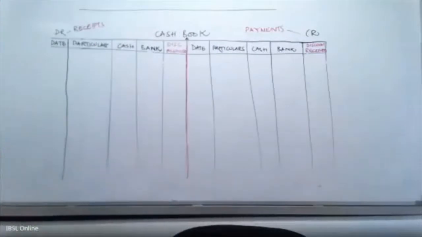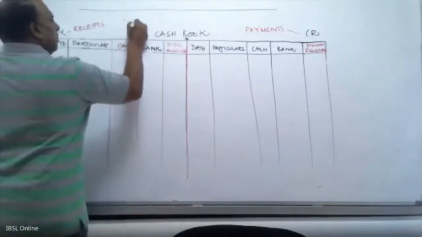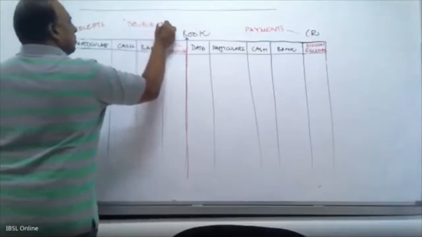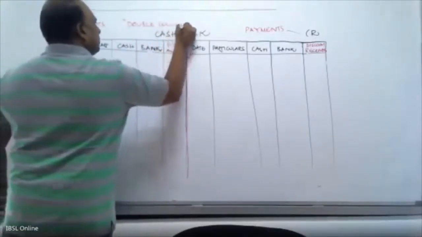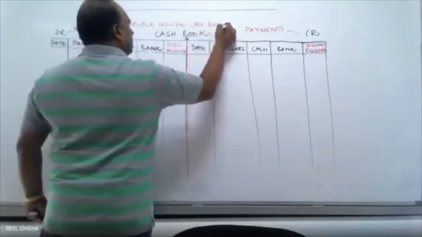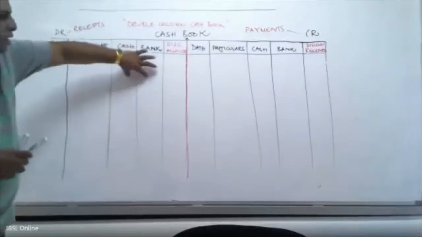Now we say this is a double column cash book. Why you call it a double column cash book is because of these two columns.